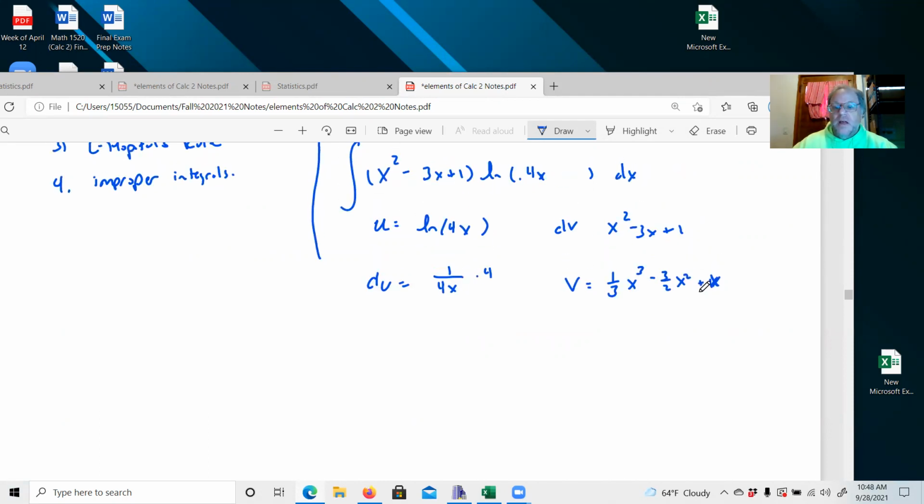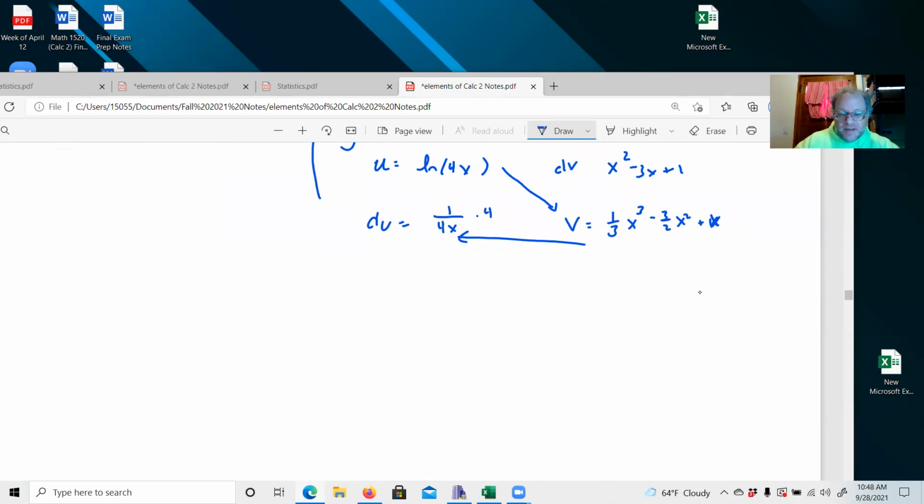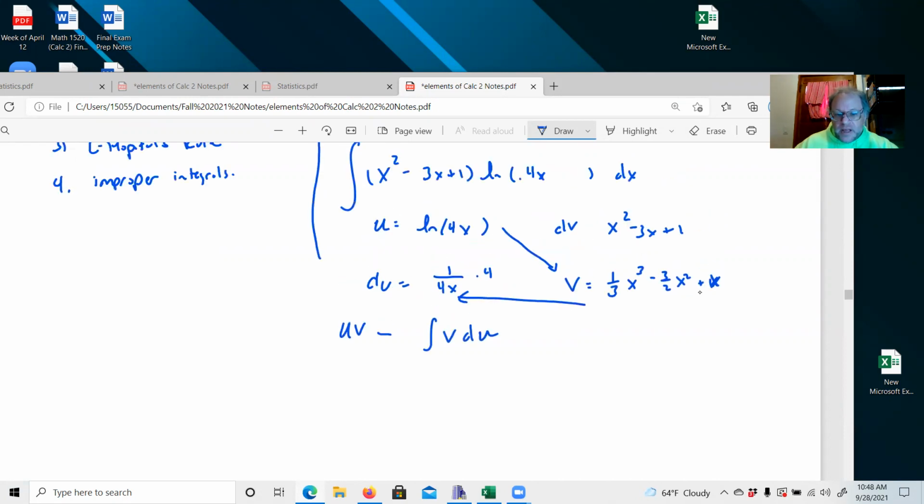So here's our box: uv minus the integral of v du. That's what we're doing next. What's my uv? My uv is 1/3 x cubed.